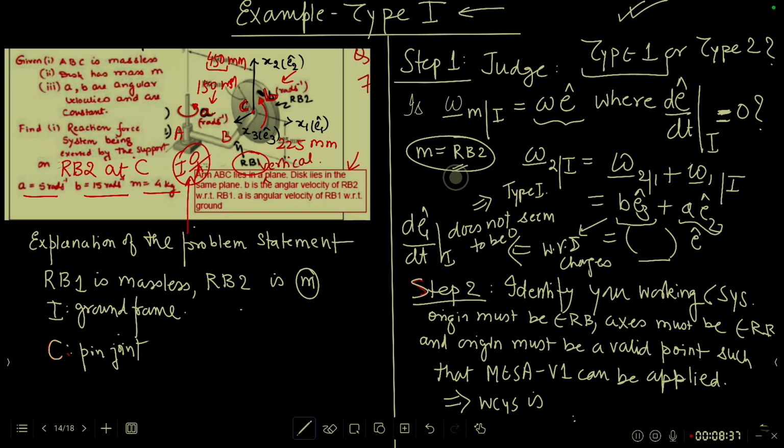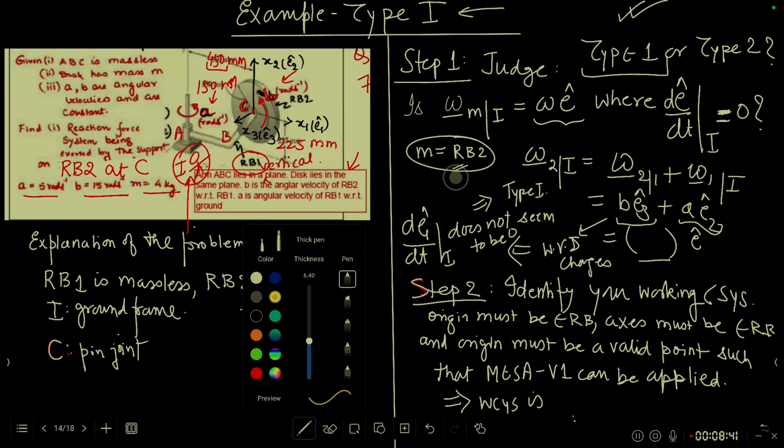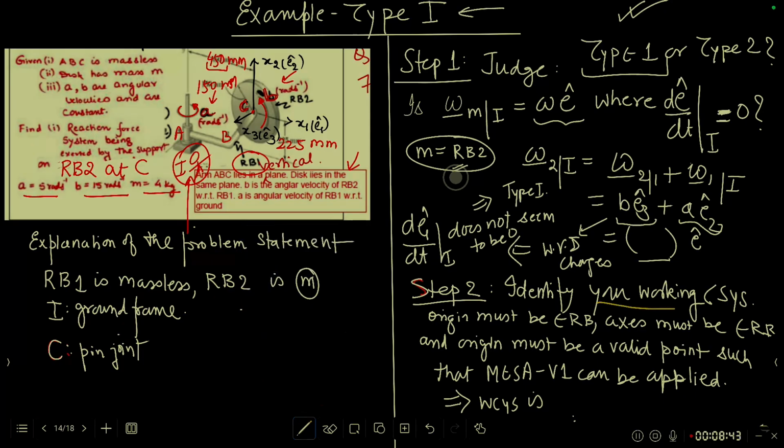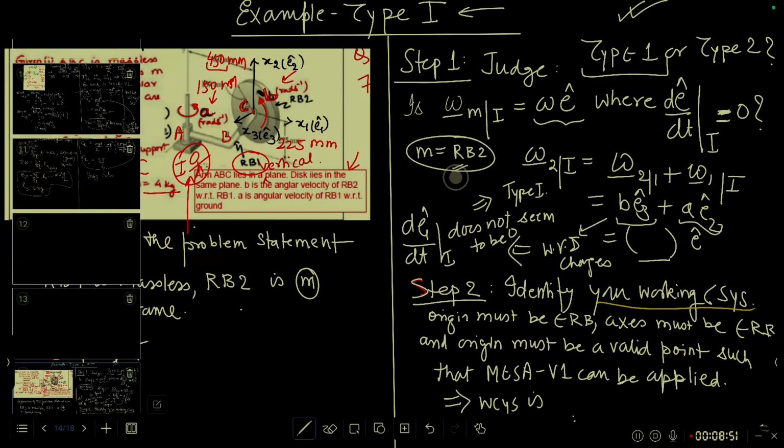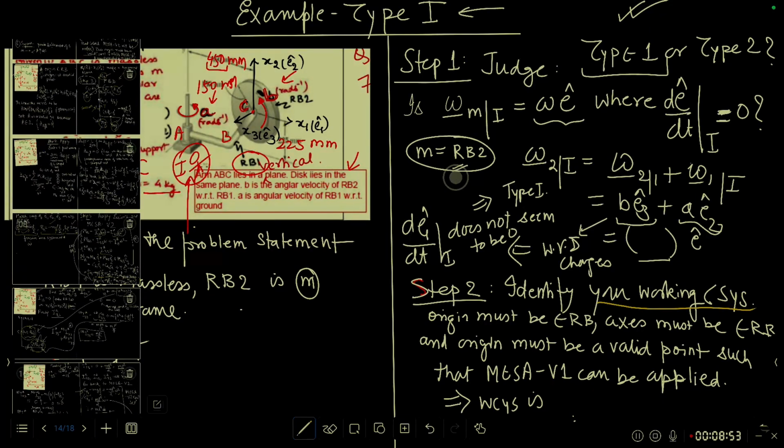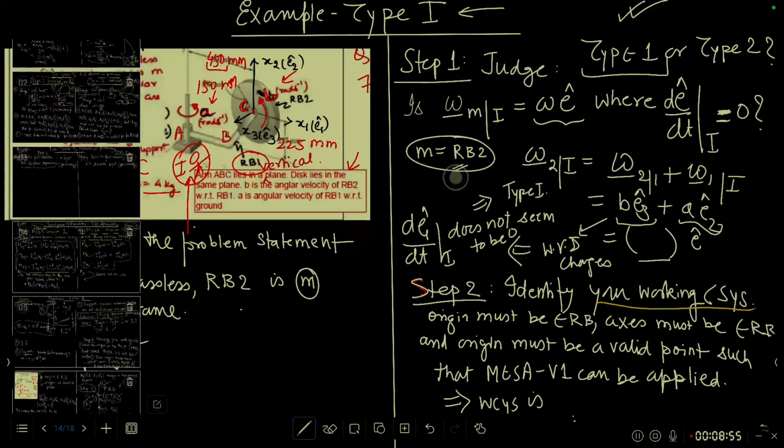Move to step number 2. What do we have to find? Identify your working coordinate system. If you go back to this slide, the very first slide of the lecture today, this one.